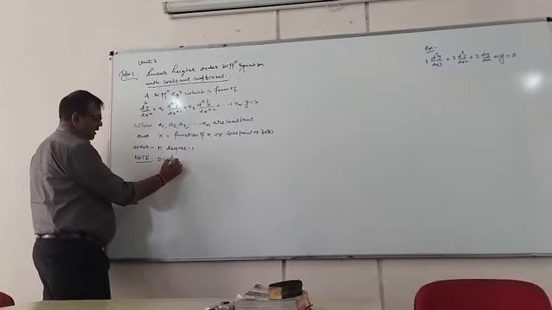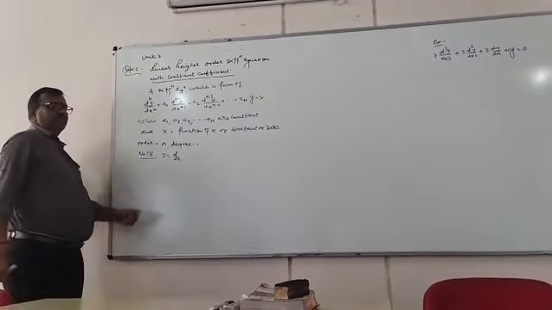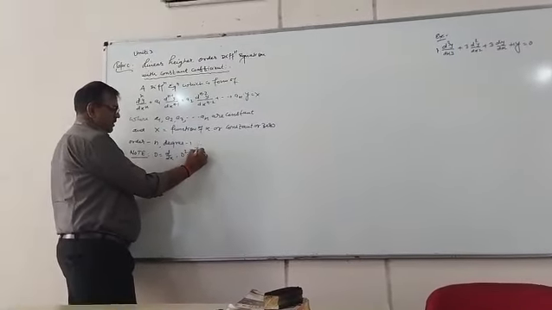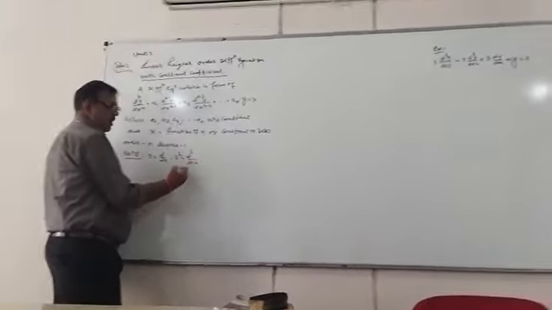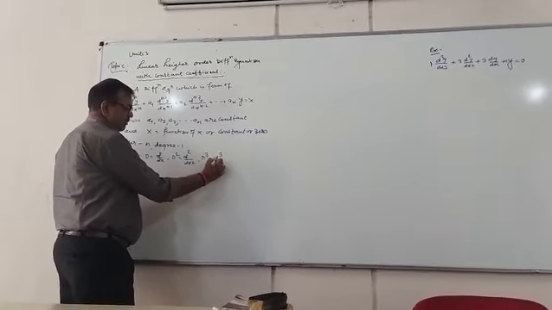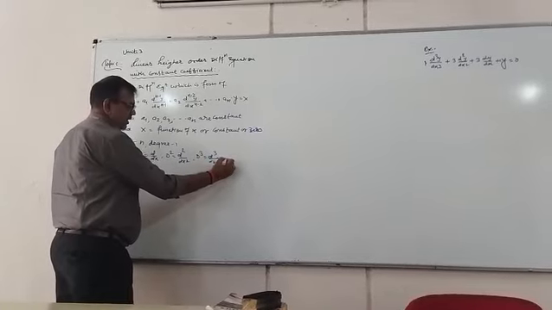Now you have to notice that capital D means d upon dx. D square means d square upon dx square. D cube means d cube upon dx cube.